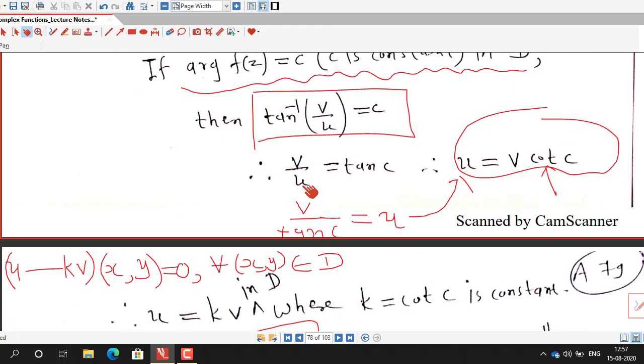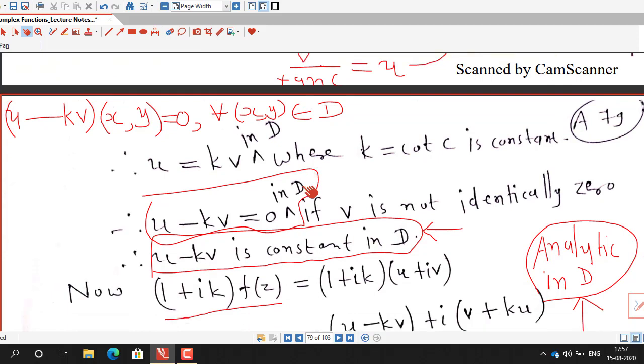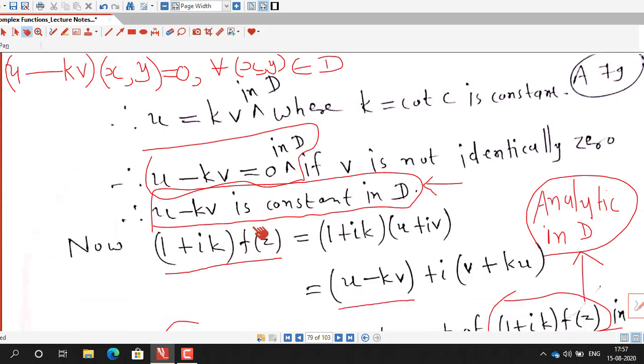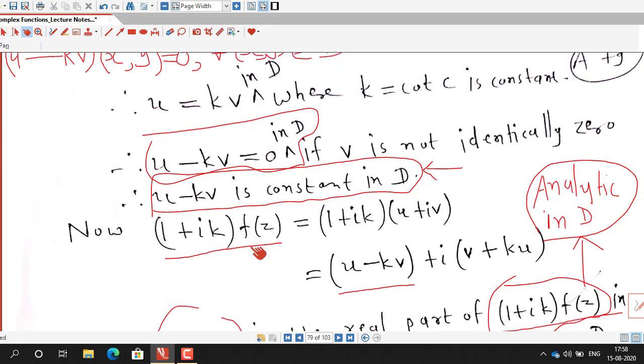Using the definition of argument, we have shown that u minus kv is constant in a domain D. Then we show that u minus kv is nothing but the real part of this analytic function 1 plus ik into f of z.